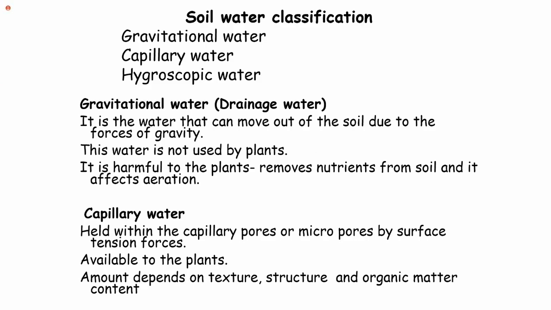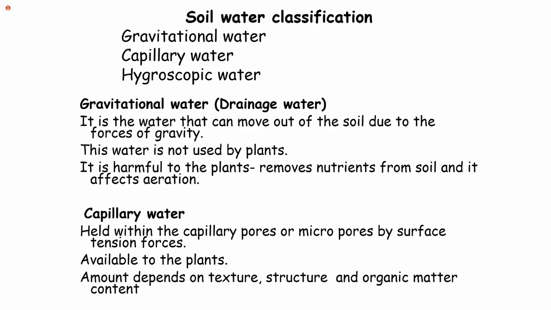What is that drainage water? It is the water that can move out of the soil due to the force of gravity. When you saturate the soil with water and allow some time, this gravitational water will drain from the soil.